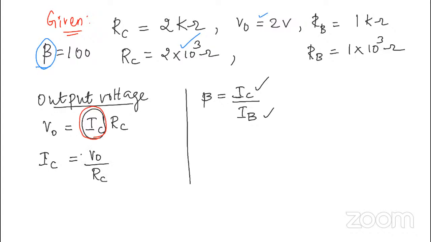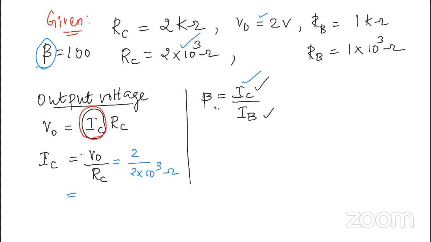Okay. So இந்த amplification factorல நம்ம என்ன values first calculate பண்ணிட்டு இருக்கோம்? இந்த IC யோட values find out பண்ணிட்டு இருக்கோம். Right? So இப்ப இதுல values substitute பண்ணுங்க. V naught ஓட values என்னது? It is 2 divided by RC யோட values என்னது? It is 2 into 10 power of 3 ohms. Okay.